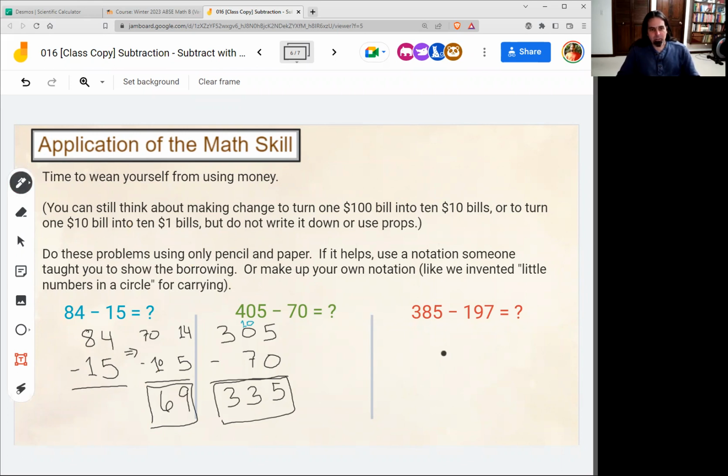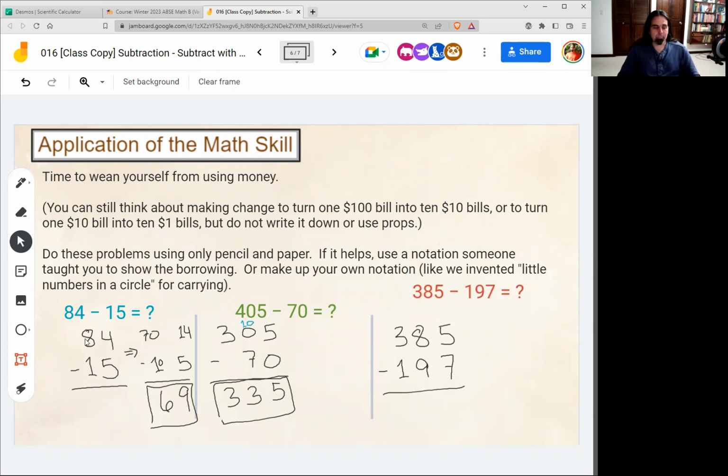Okay, one more, 385 minus 197. Now where will we need to borrow? From the hundreds?